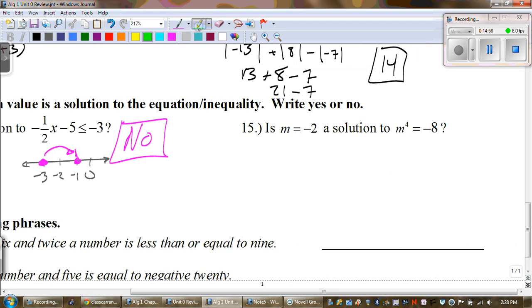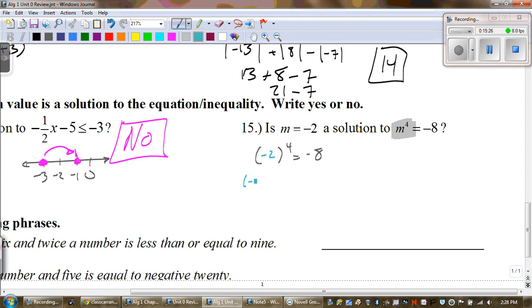All right, now for number 15, yours might look a little different. The key thing is it should say m to the fourth right there. So m to the fourth, does that equal -8? All right, well, we are plugging in a -2. And now right away, I know the answer to this, okay? Because how many negatives do we have?